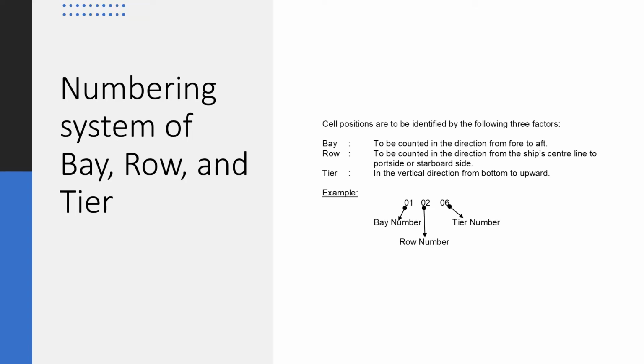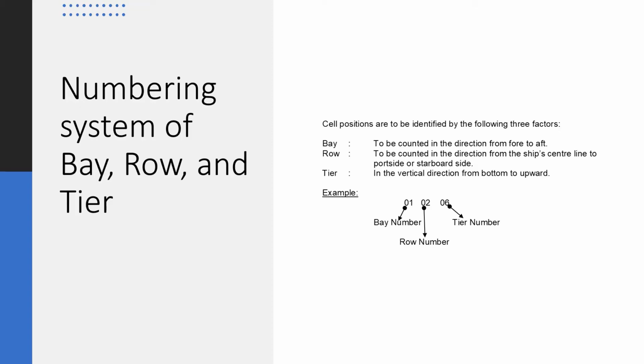The first one is bay. The bays are counted from the forward part of the ship to the aft part, starting from bay 0 or bay 1, and going all the way to the aft. The row is counted from the ship's center line to the port side or starboard side.